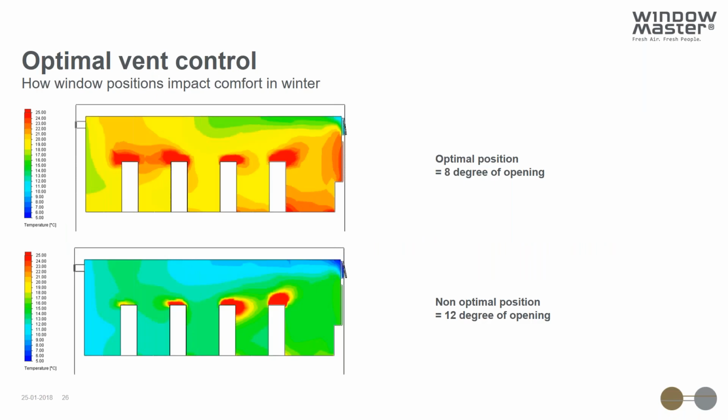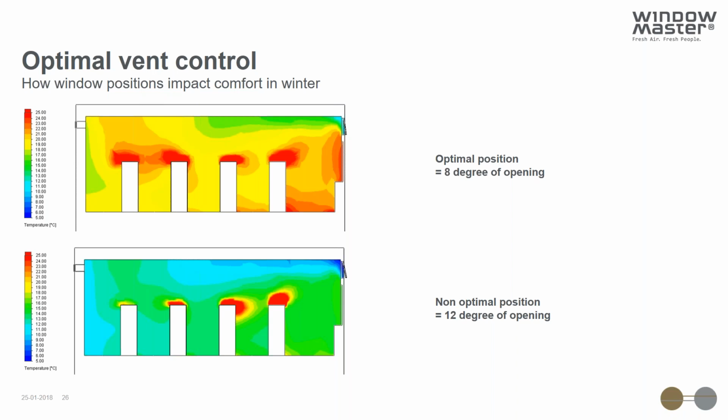Here we can see an example of how large a difference 4 degrees of opening can mean. Again, this is an example with a cold outdoor temperature, but it shows that 4 degrees of different opening area can have a really big influence on the indoor temperature.